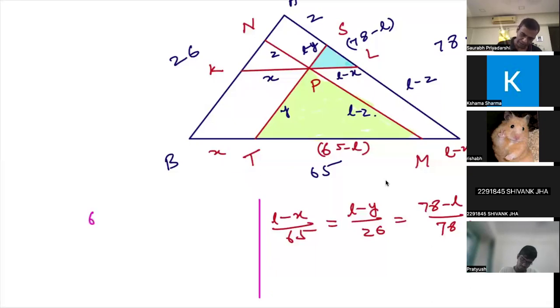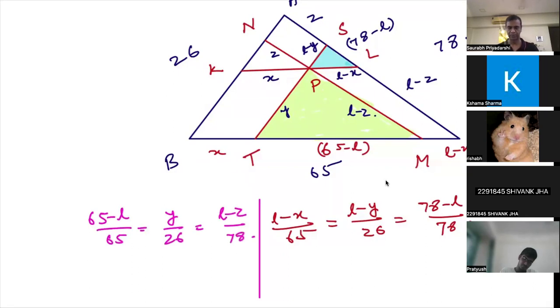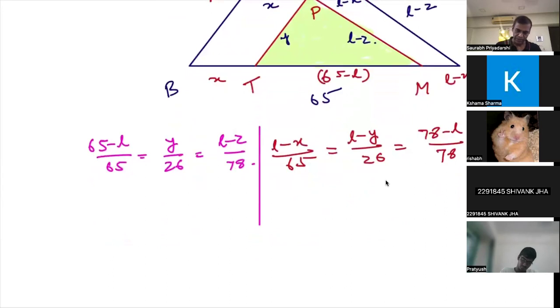So this is 65 minus L upon 65 is equal to y upon 26 is equal to L minus z upon 78. Right, this is the second one, first and second.